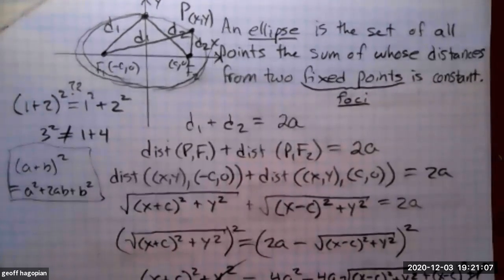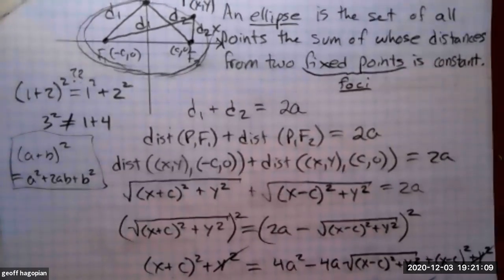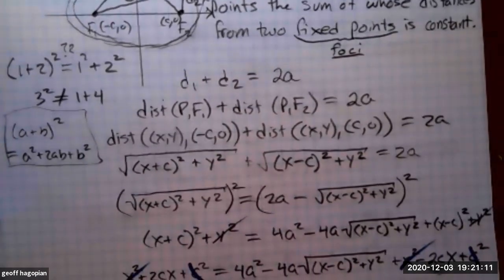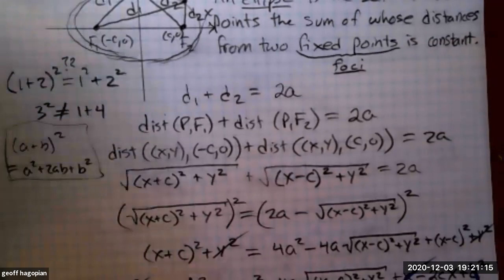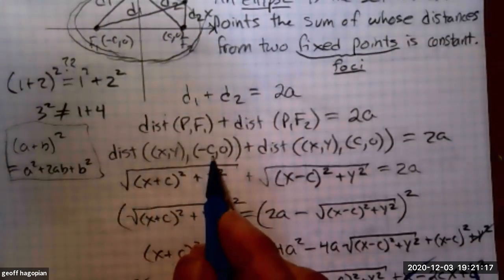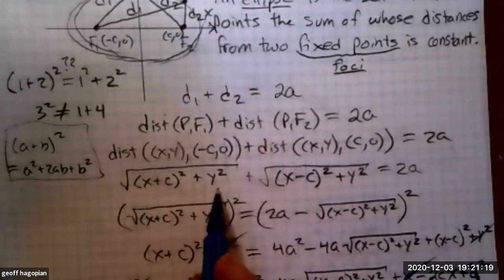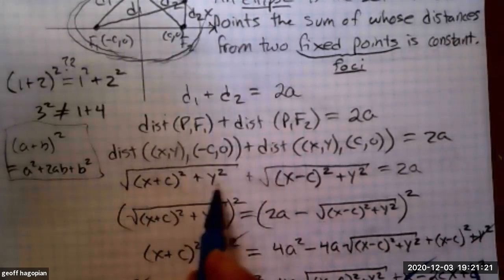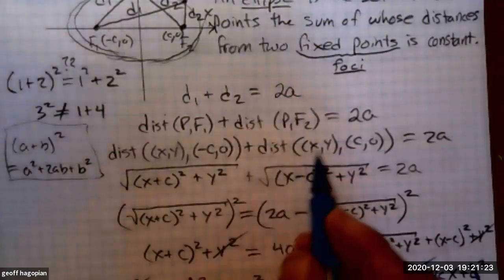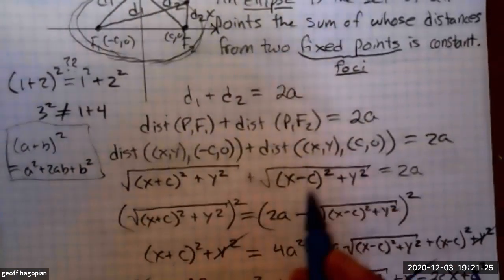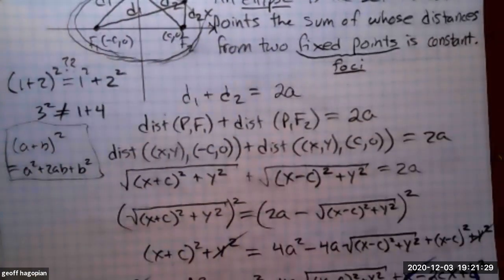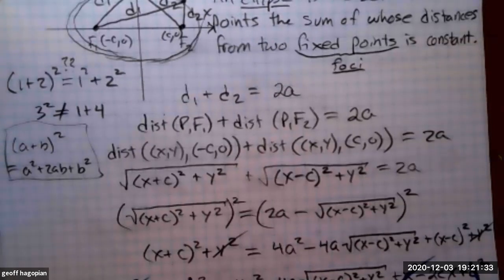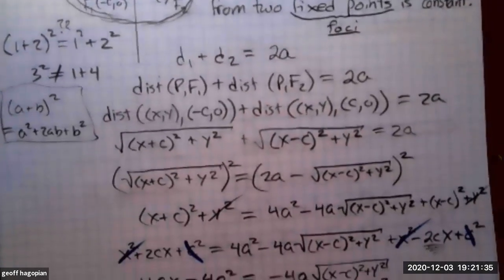Well, we haven't really seen why we chose twice a, but we then use the distance formula together with the coordinates of those points. So x, y to negative c, 0, that distance is given by the distance formula here, and x, y to positive c, 0, very similar sort of expression. And so we have the sum of two complicated radical expressions is equal to twice a.